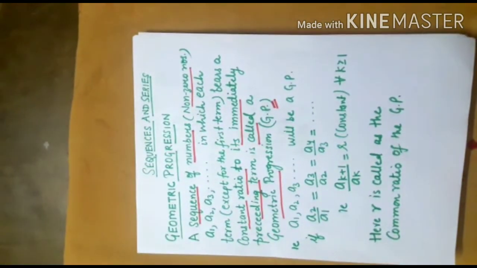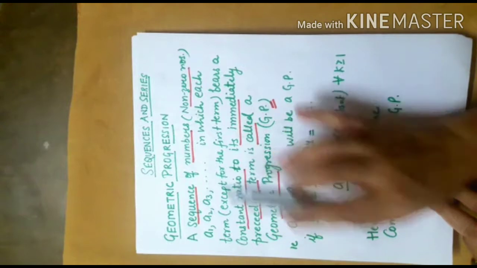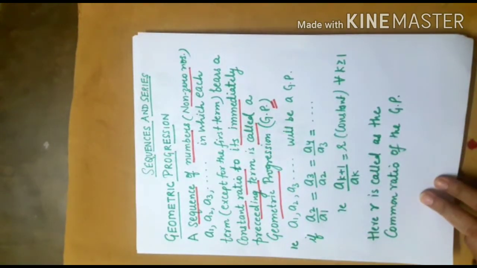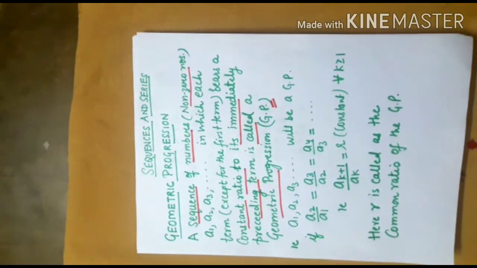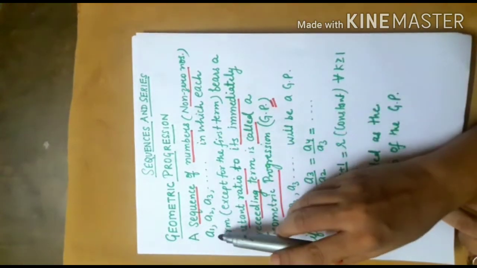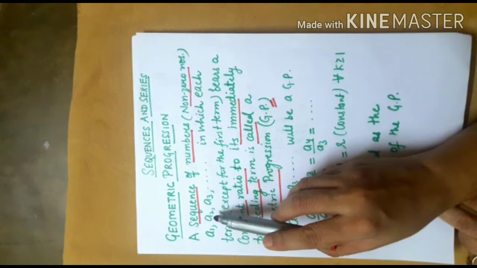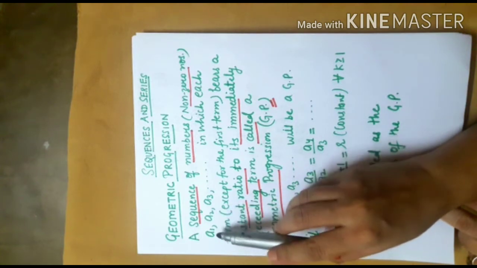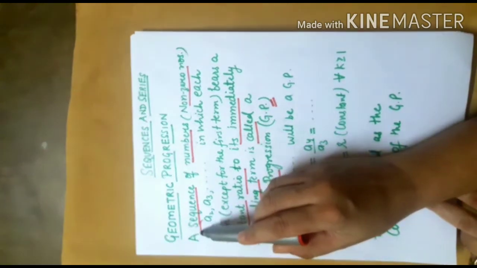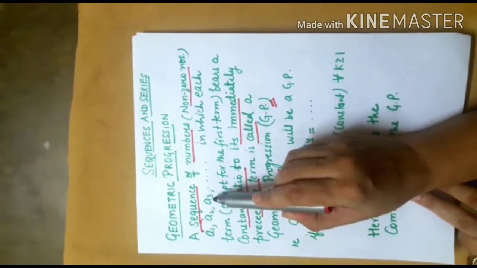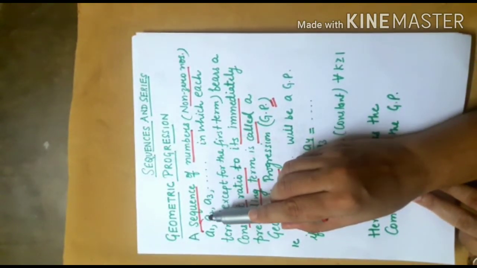That is, a sequence of numbers a1, a2, a3 and so on will be a GP if, look here, for the term a2 the immediately preceding term is a1, and for a3 the immediately preceding term is a2.